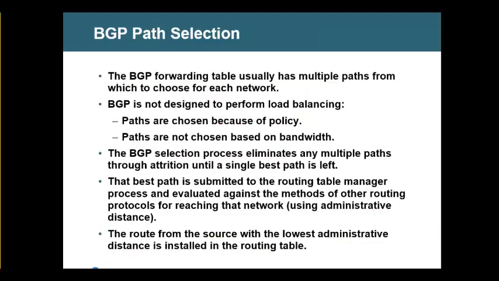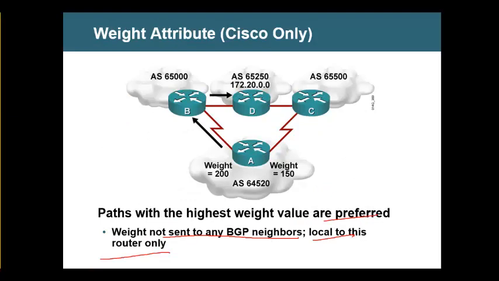Alright, any question on the three attributes that we have learned? Weight, local preference, MED. Weight will not come under well-known mandatory, well-known discretionary, or optional transitive or non-transitive. Why won't it come under any of those? Because it is a Cisco-only attribute, and it is decided only on that router.